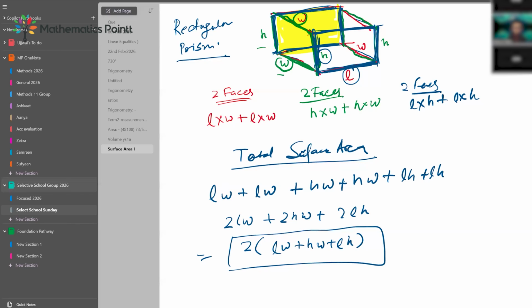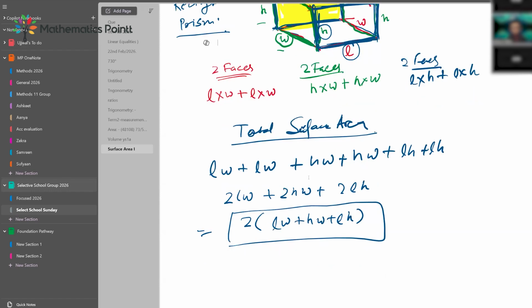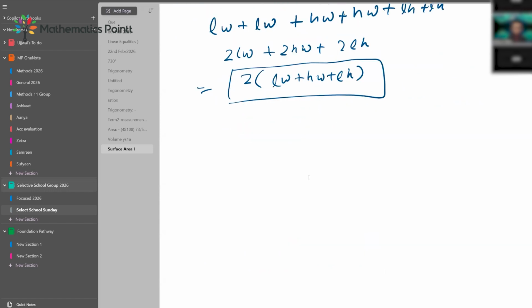Now what if this rectangular prism becomes a square prism? So what I'm trying to say is that now rather than a rectangle, you've got a square, which means all sides are the same.